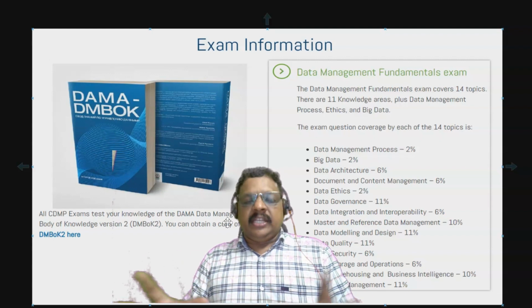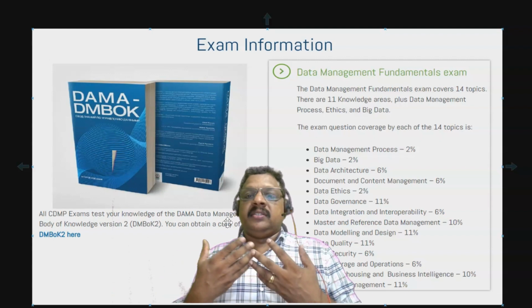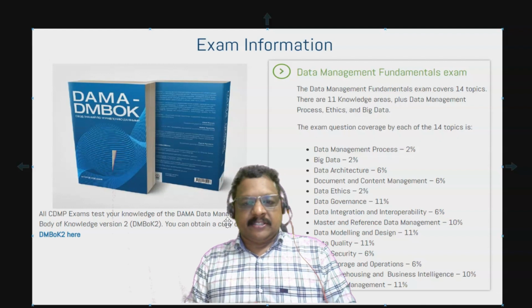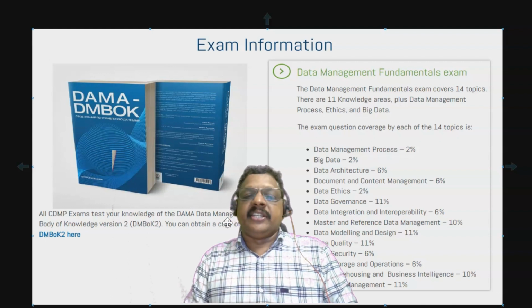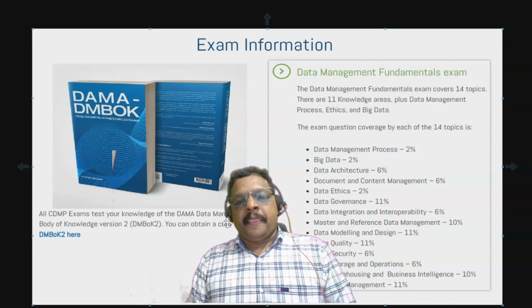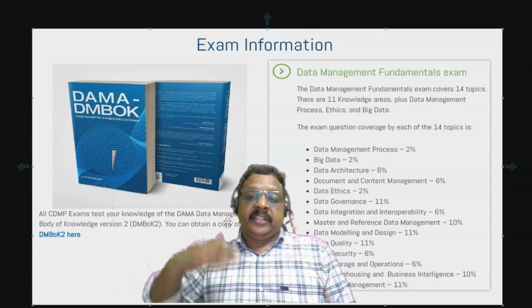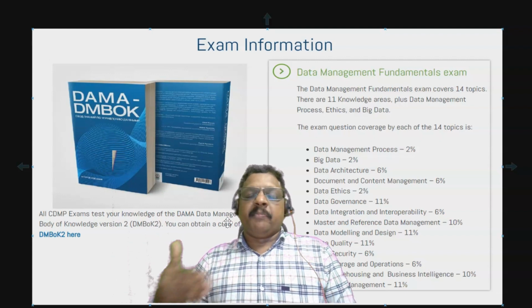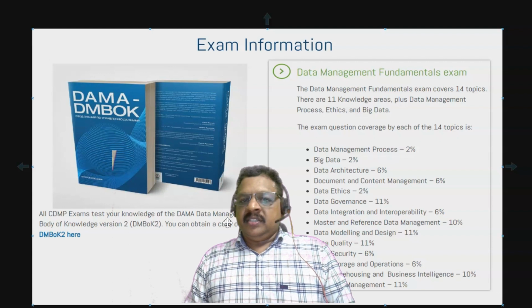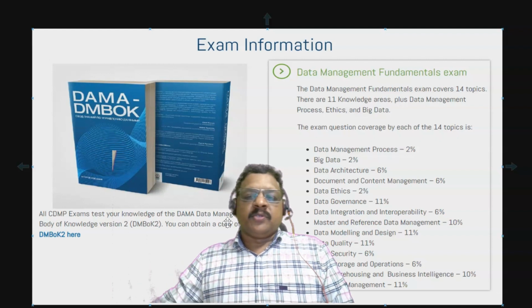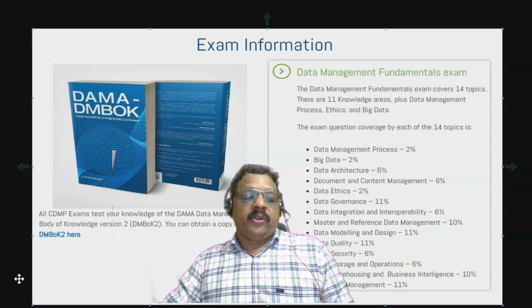We are going to take a closer look at the 11 knowledge areas, and in further sessions I would like to take them one by one. Today I will be just focusing on the knowledge areas.